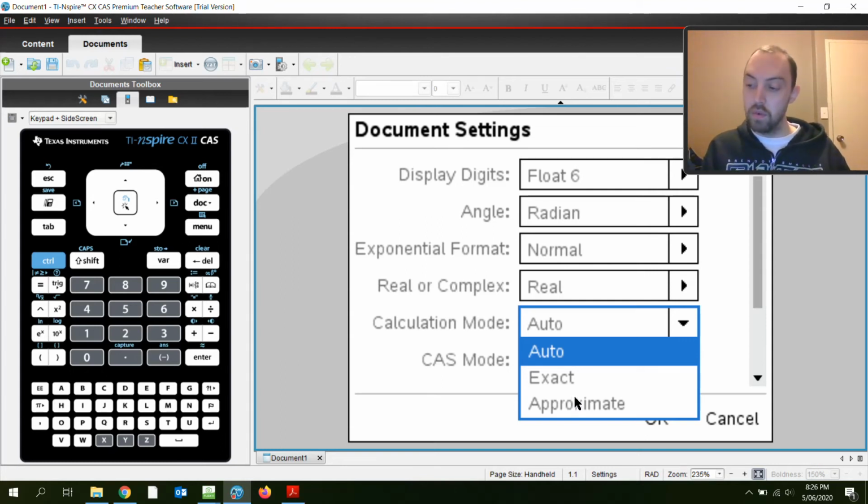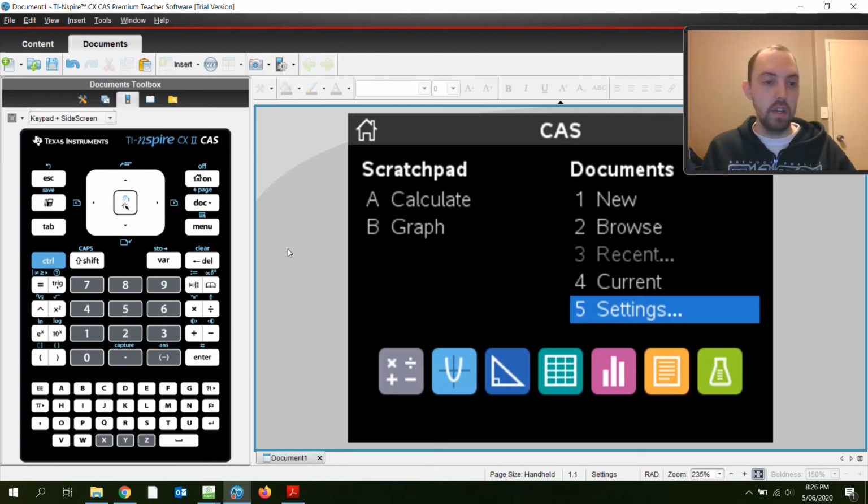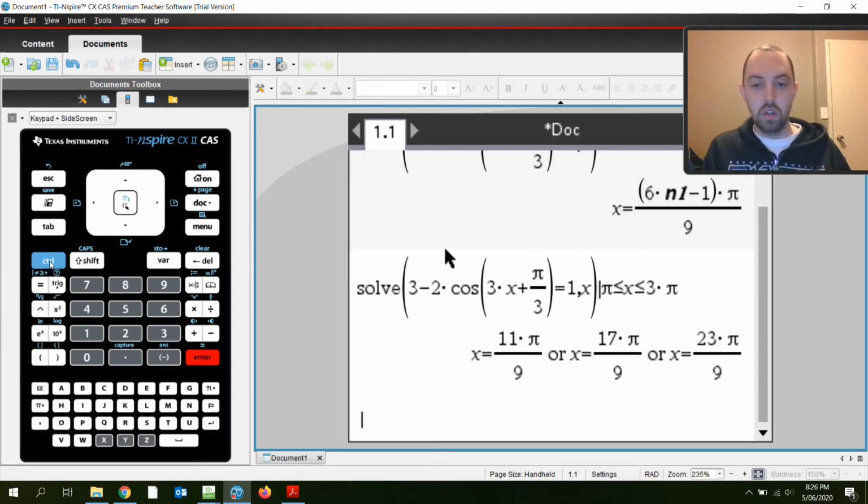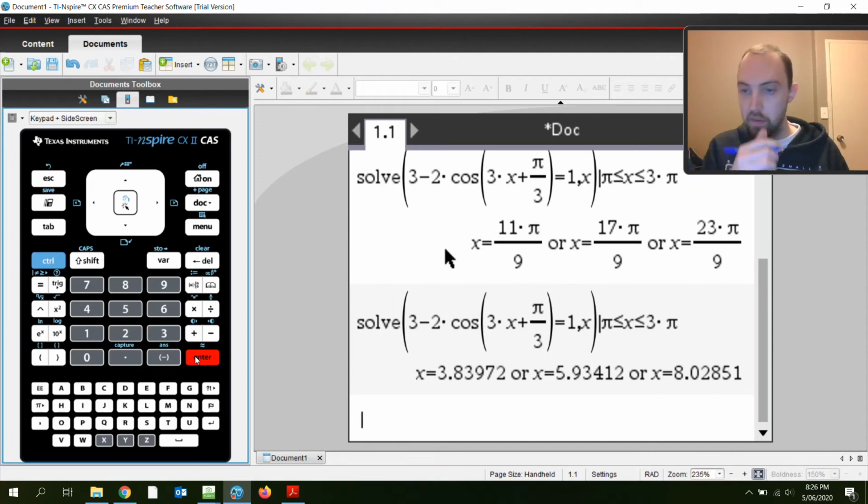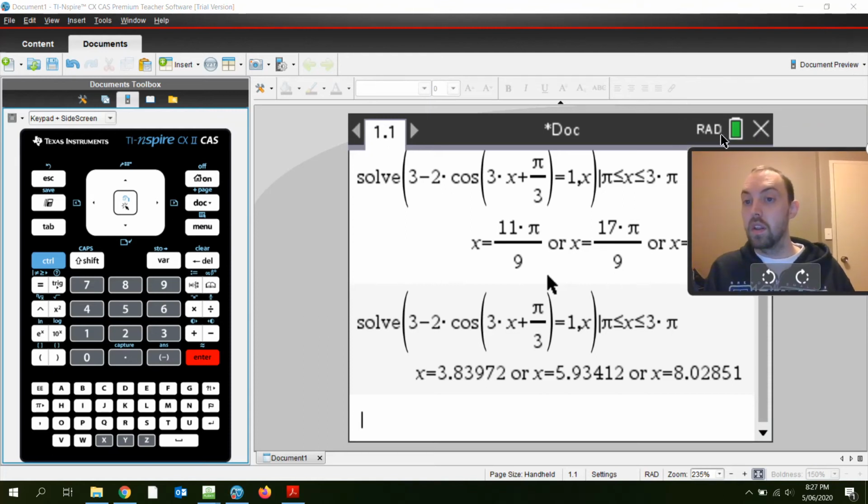If you want the fractions, if you want the irrational numbers, the square roots, the pi's, etc., then keep it on auto. Okay, you can always change it to a decimal by using that control equals, and it'll give me the decimals instead. Alright, pretty straightforward question really. We just need to learn a bit more about how to use a calculator and then make sure that we are working within the correct units.